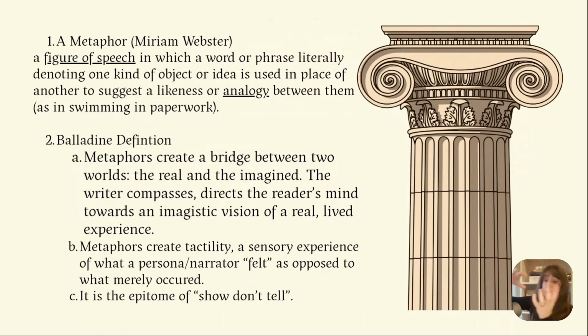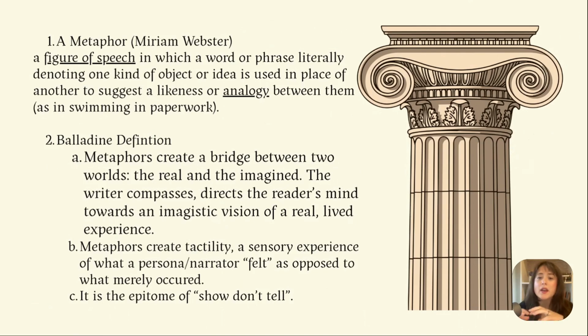So you've got the real world that you're describing of the text. Say you're in a landscape, a beach or a forest. You've got that real world, and then you've got the imagined or the experiential events of that world. So say, for example, I'll use a very basic one. Let's say your character's crying.